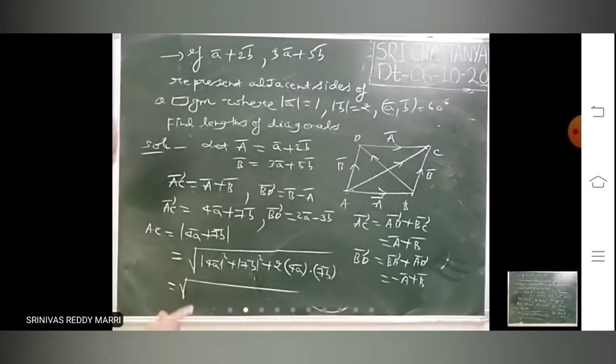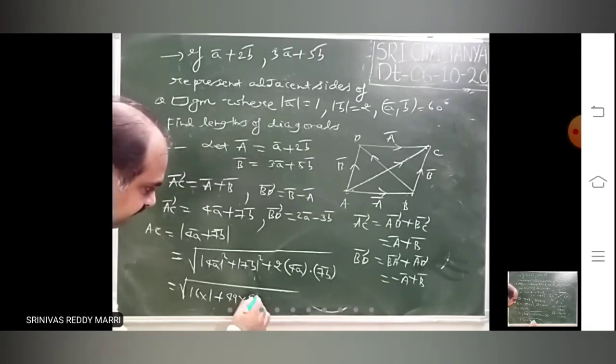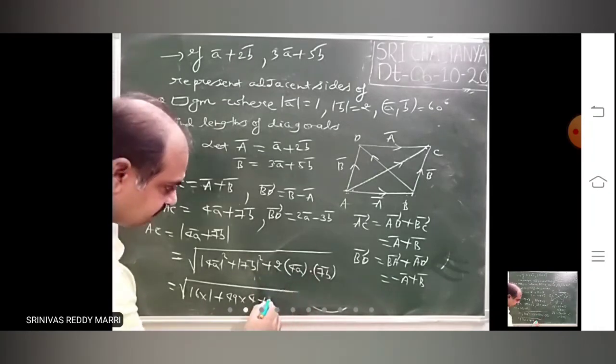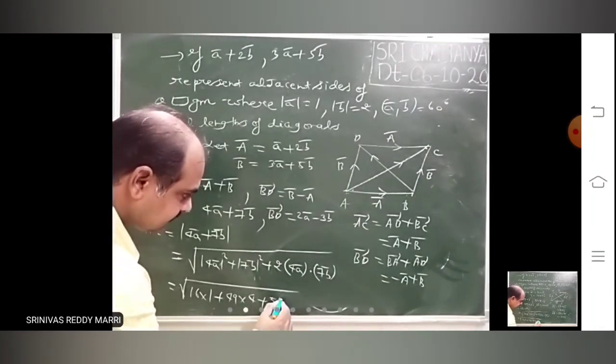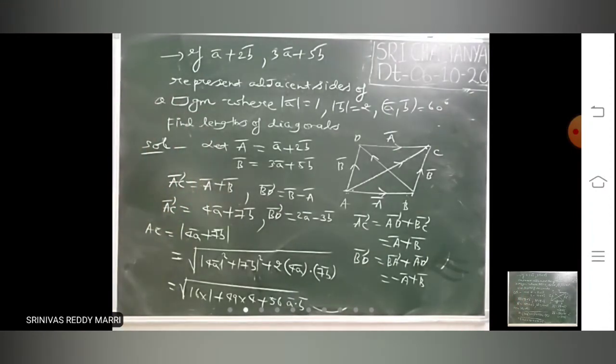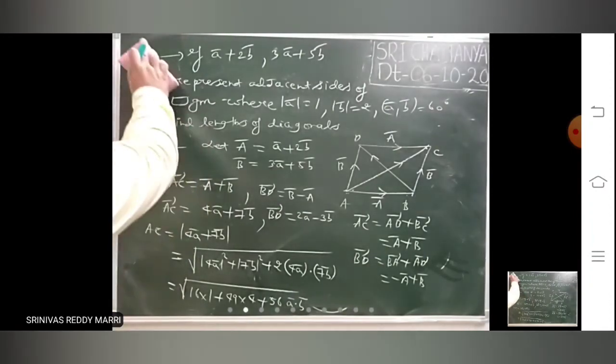So root of 4 square 16 into modulus A bar square 1, plus 7 square 49 into modulus B bar square 4, plus 2 into 4 into 7, 56, into A dot B.